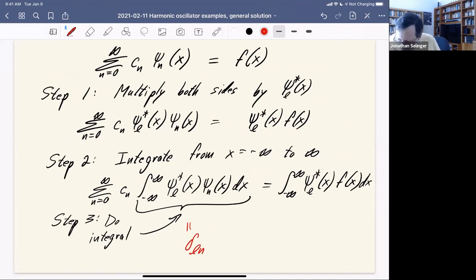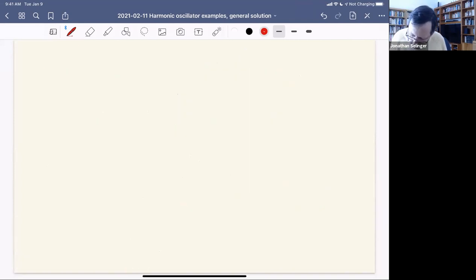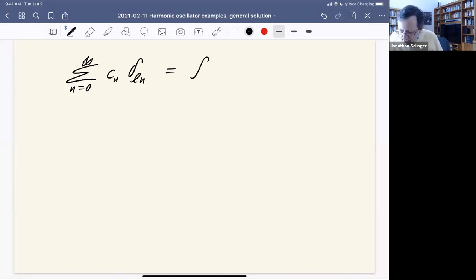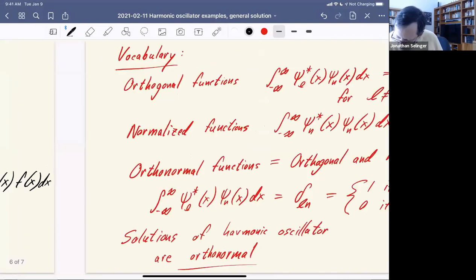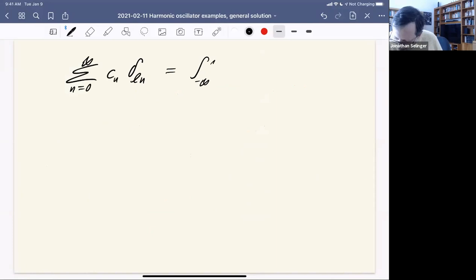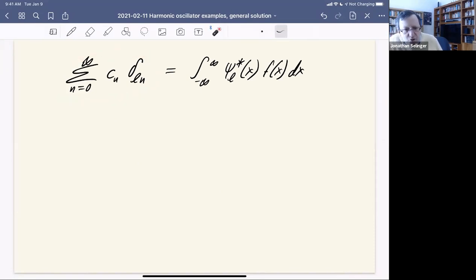This integral then gives us that the sum from n equals 0 to infinity of Cn times delta Ln is the integral on the right side, which is the integral from minus infinity to infinity of psi L star of x times your initial condition times dx.